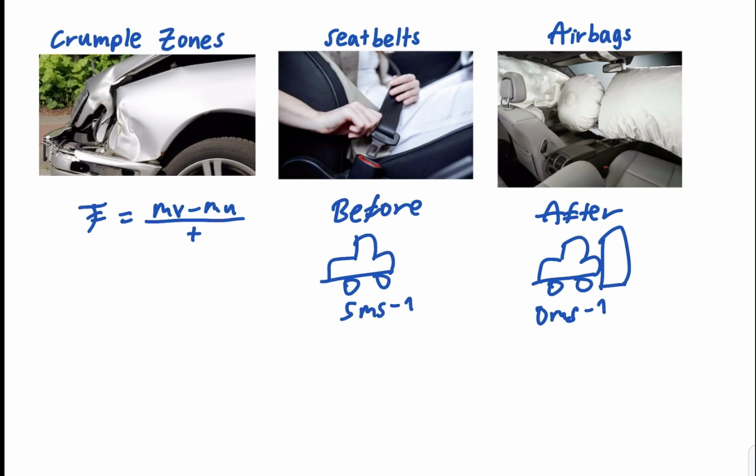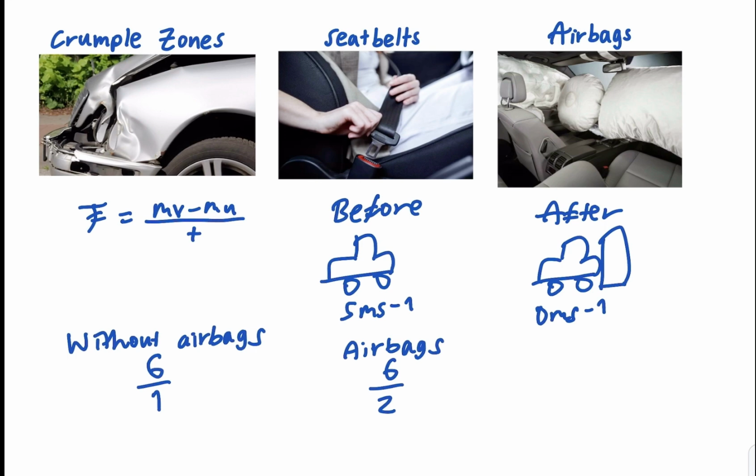Like for example, let's say that a car without airbags has a change in momentum of 6 during a car crash and takes 1 second, so the time is 1, for the momentum to decrease to 0. While the same car with airbags, so this one has airbags, with the same momentum of 6, would take 2 seconds, so the time taken is 2, for the momentum to change to 0.